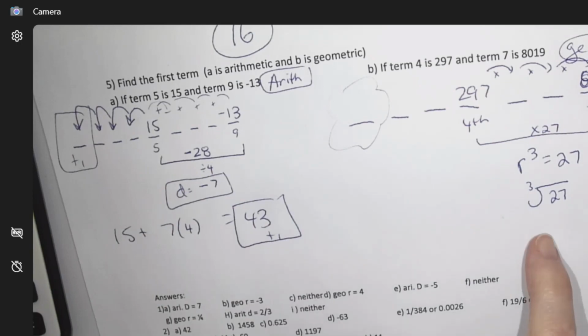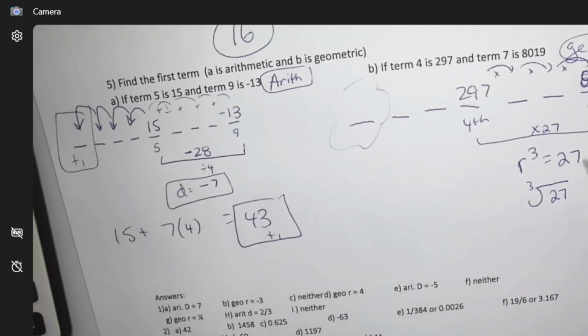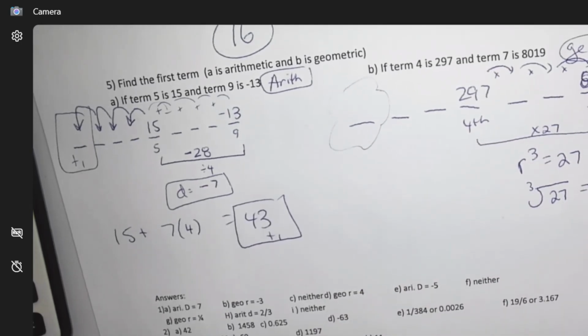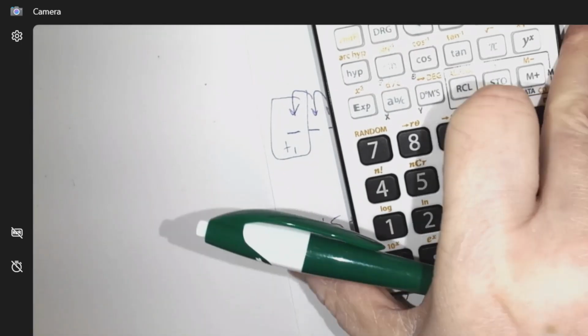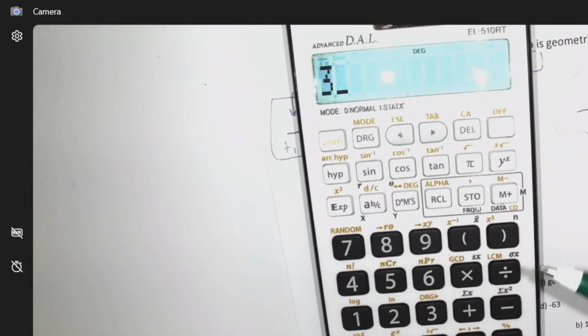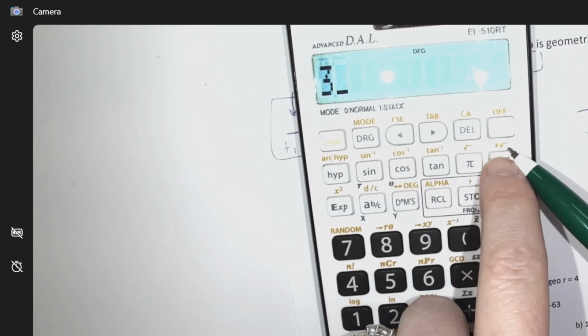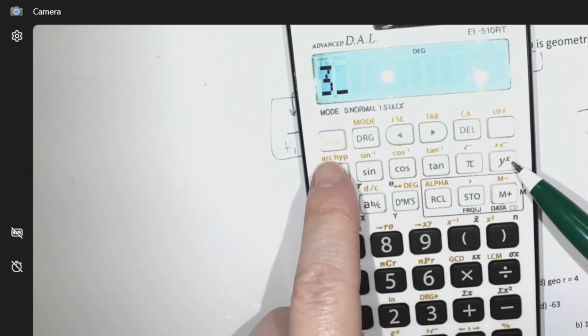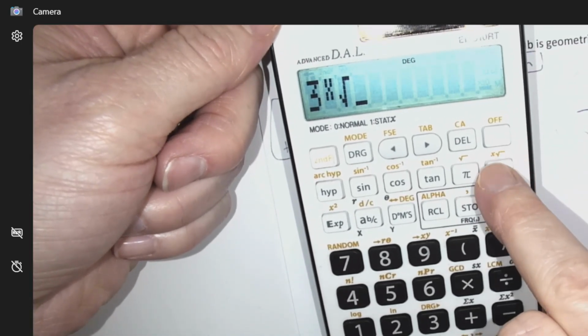So, do you remember your button for that? We talked about the button on your calculator that does that. Some people have that special button. Where's that button? So for me, I just go 3 first. And then I have this button right here called the X root of something. So then I have to push second that button. The X root of.